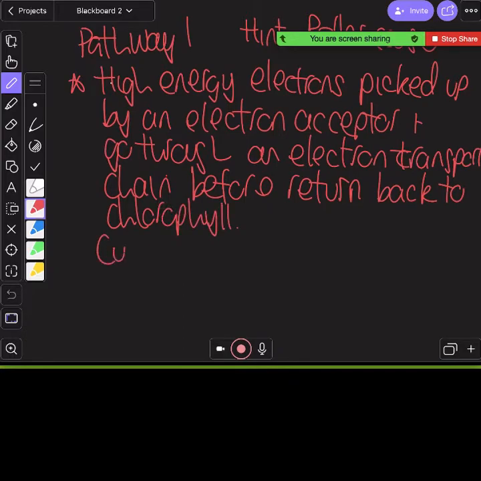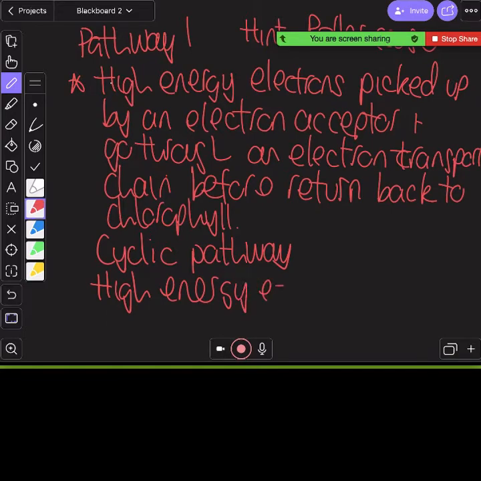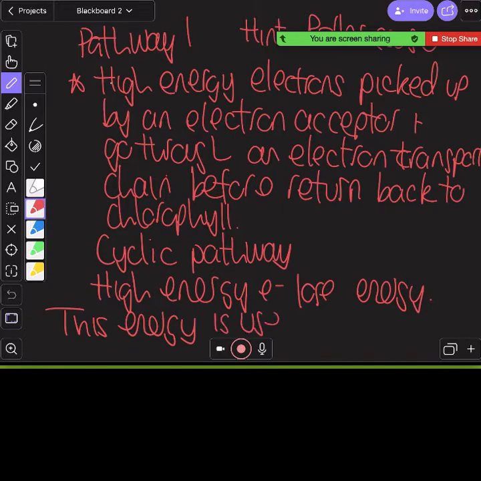It is a cyclic pathway. And on this pathway, high energy electrons lose energy. This energy is used to convert ADP plus P into ATP for the dark stage.